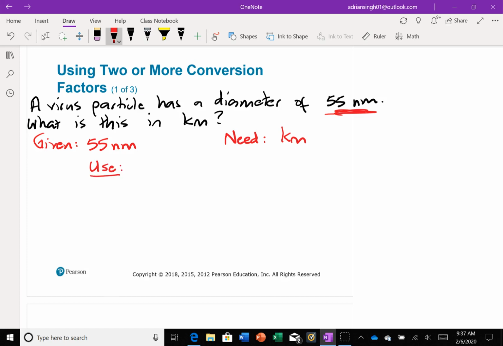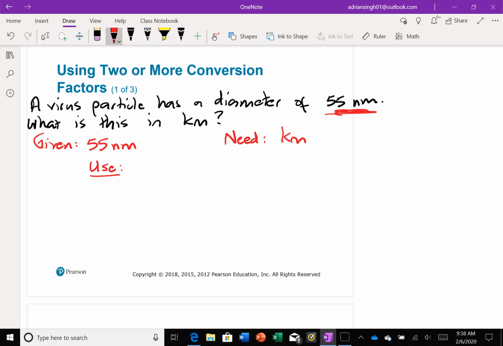So now we have to figure out, well, what are we going to use to get from nanometers to kilometers? Well, at this point, you should probably know, as you're becoming more and more familiar with the metric system, that kilo is a much bigger unit than nano. So if we go from a small unit to a big unit, our final answer should be a lot smaller than what we start with.